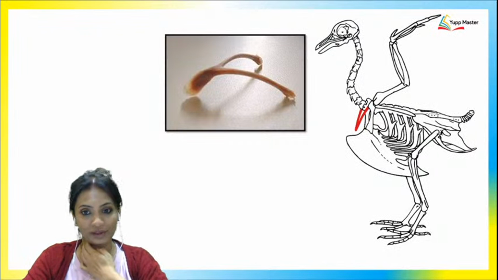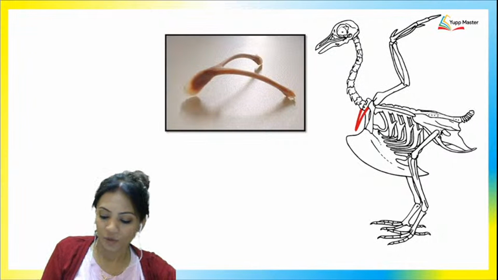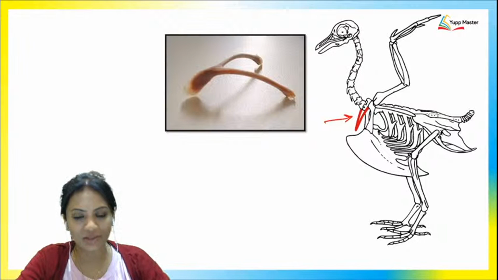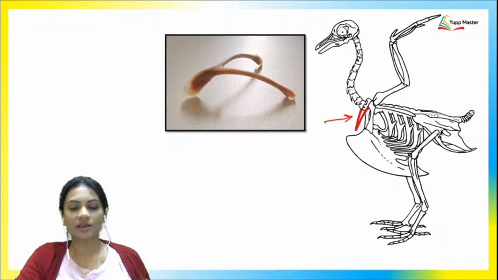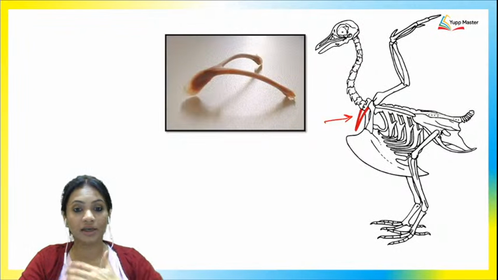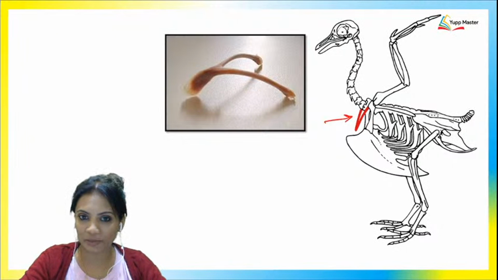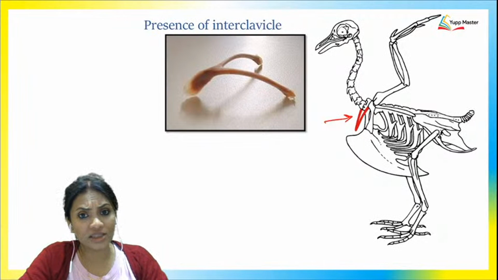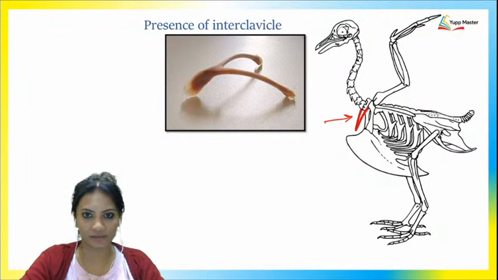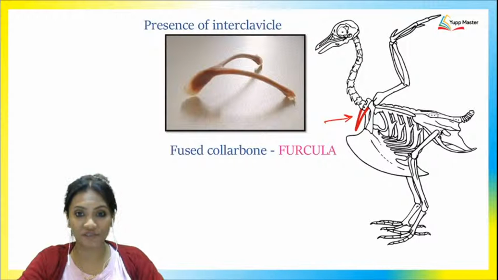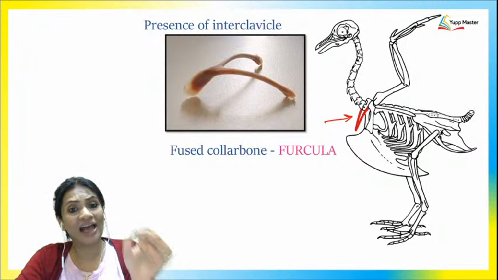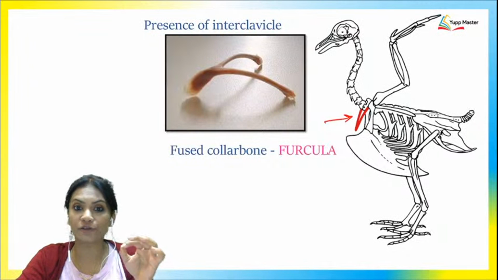Look at this bone over here, and look at exactly where it is indicated in the birds. You know that we have a clavicle bone, right? I'll be explaining this in a while. Let's just see what this is. This is a bone called an interclavicle, and this bone specifically is a fused collarbone, and that fused collarbone is called the furcula.